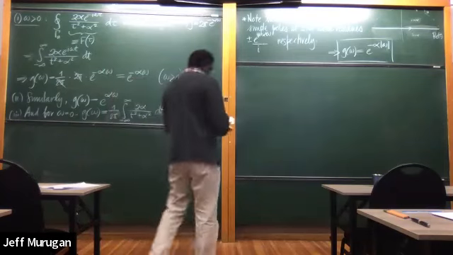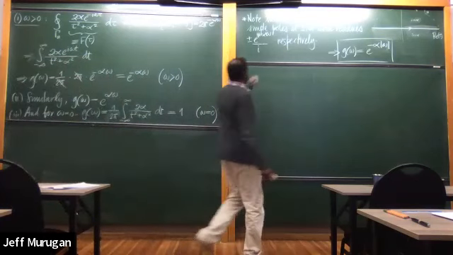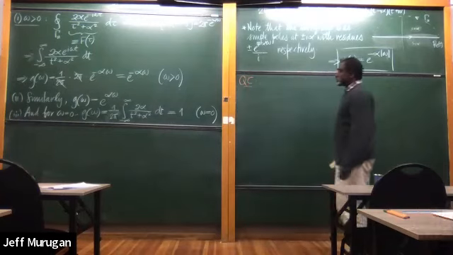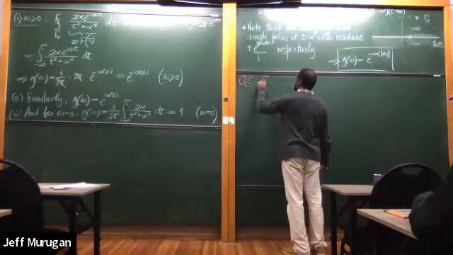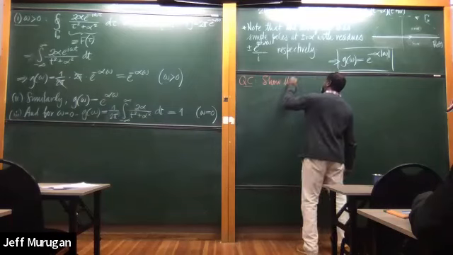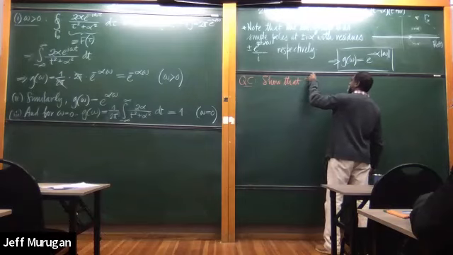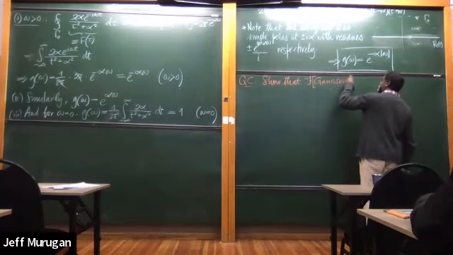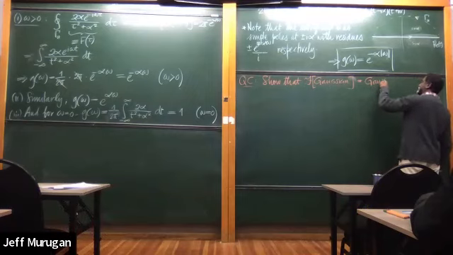So you can of course play many games with this Fourier transform. What I'd like to do to get your hands further dirty is to show that the Fourier transform of a Gaussian is nothing else but a Gaussian.